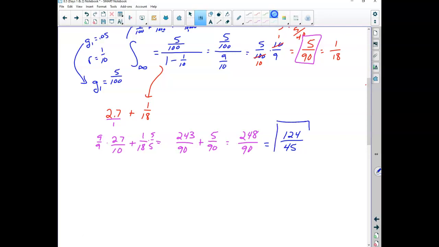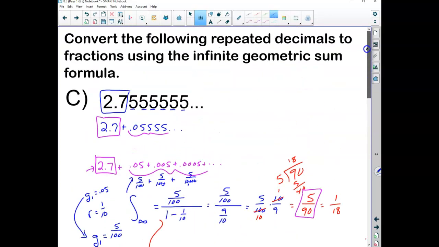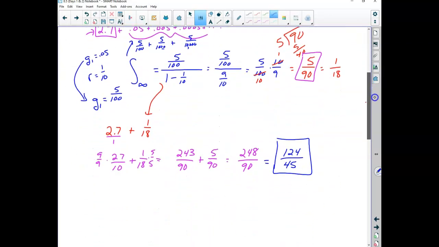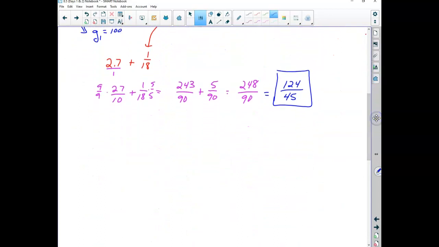Therefore, there is my repeating decimal written as a fraction. Okay, and I could take this and turn it into a mixed number if I wanted to. If I wanted to write that as a mixed number, it would be 2 and 34/45. From there, I would not want to turn that into a decimal.